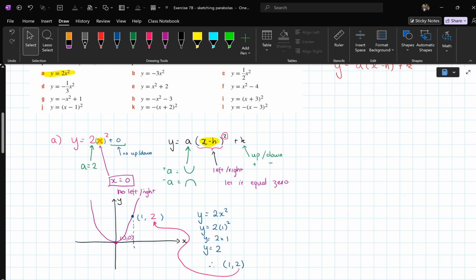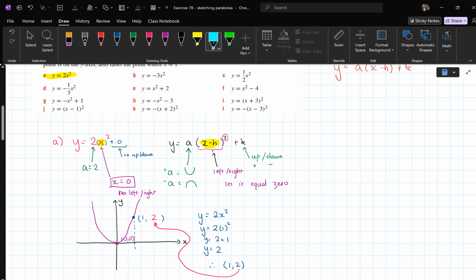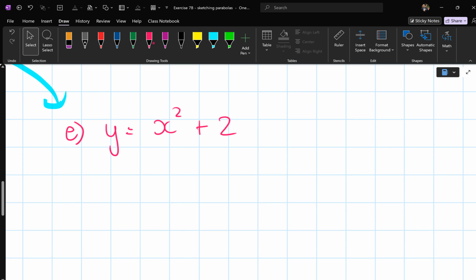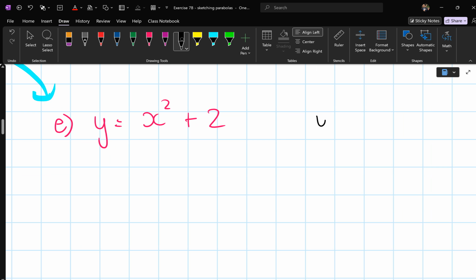Now if you move on and pick a few others that might be a bit harder, let's say E. You'll see it's got the same pattern again. E has y equals x squared plus 2. Same thing with the turning point form: a bracket x minus h squared and then plus k. So what are you squaring?